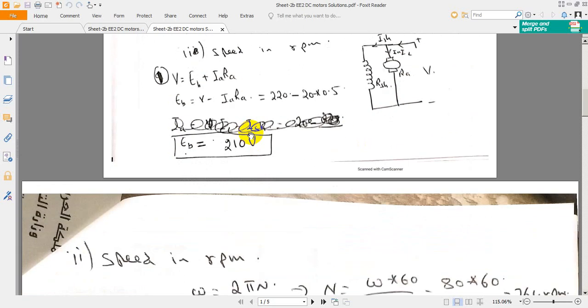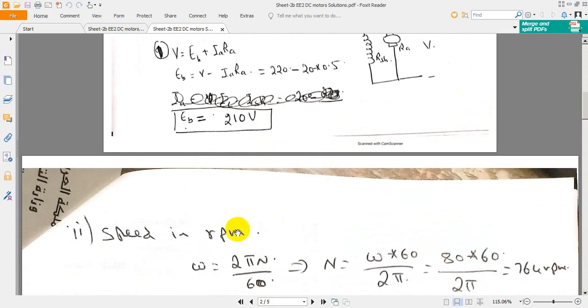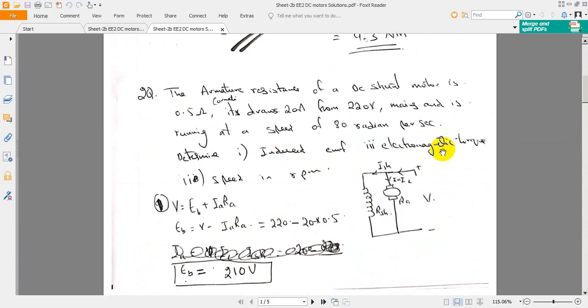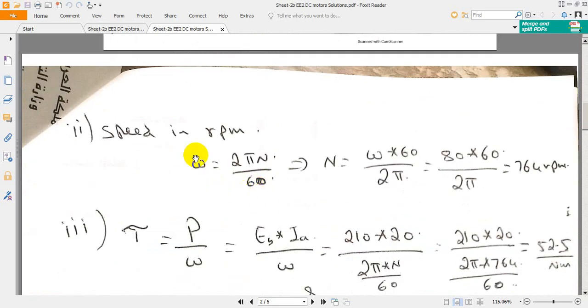Now the next parameter that we need to calculate is electromagnetic torque, for which we need to convert speed into RPM. The second parameter is speed in RPM. Omega is 2 pi n by 60.